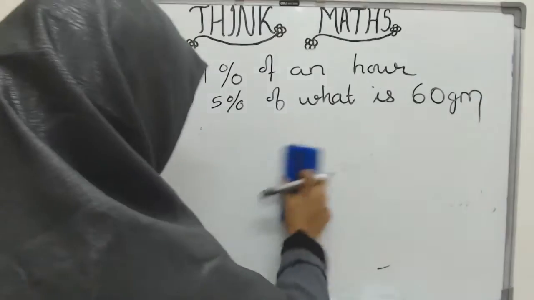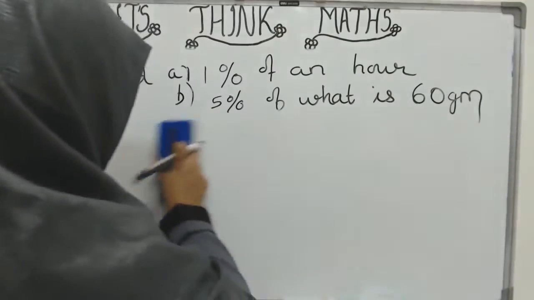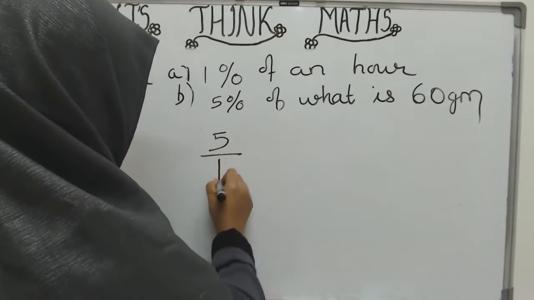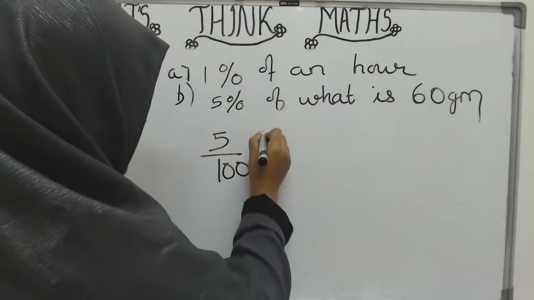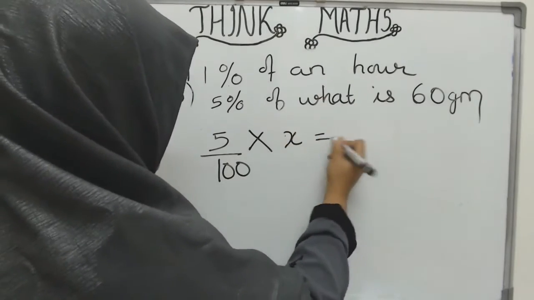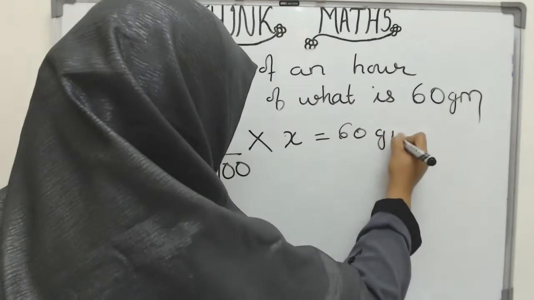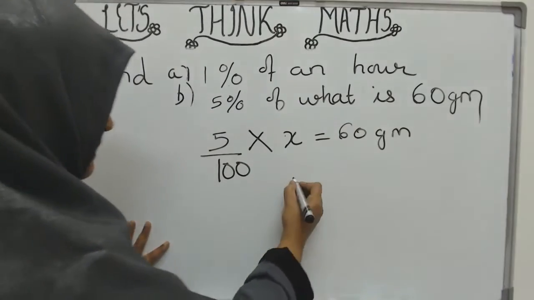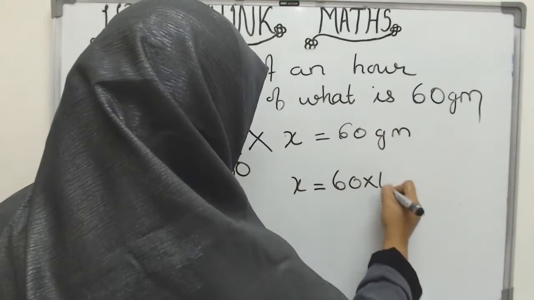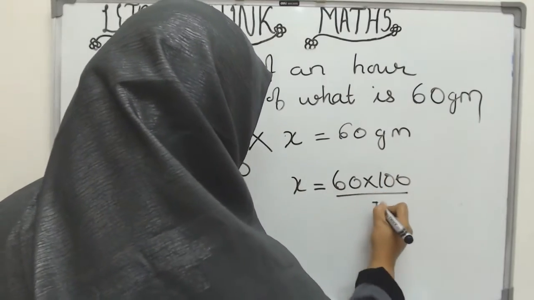5% of what is 60 grams? 5% is 5 by 100. Of means into. Of what? Let it be x is equal to 60 gram. Now cross multiply. x is equal to 60 into 100 by 5.